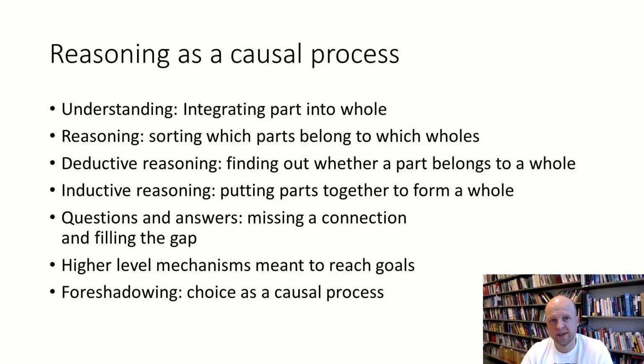So if you read Daniel Kahneman's book Thinking, Fast and Slow, you'll find plenty of examples of non-rational reasoning, but this is how our brains have evolved, finding various ways of reasoning that work quite well. And of course in logic we have found even better ways, but just through the evolution of brains, these mechanisms together, the causal processes of connecting parts into wholes, and these mechanisms for simulating, deducing, filling in gaps, etc.